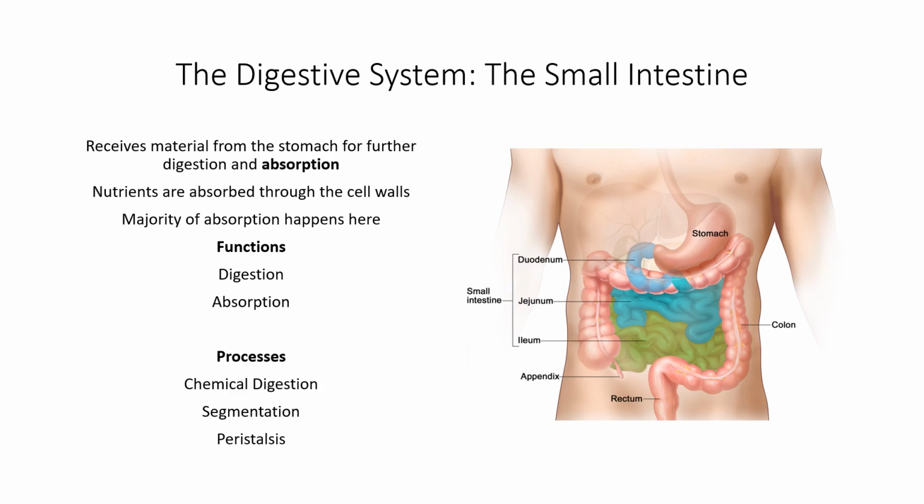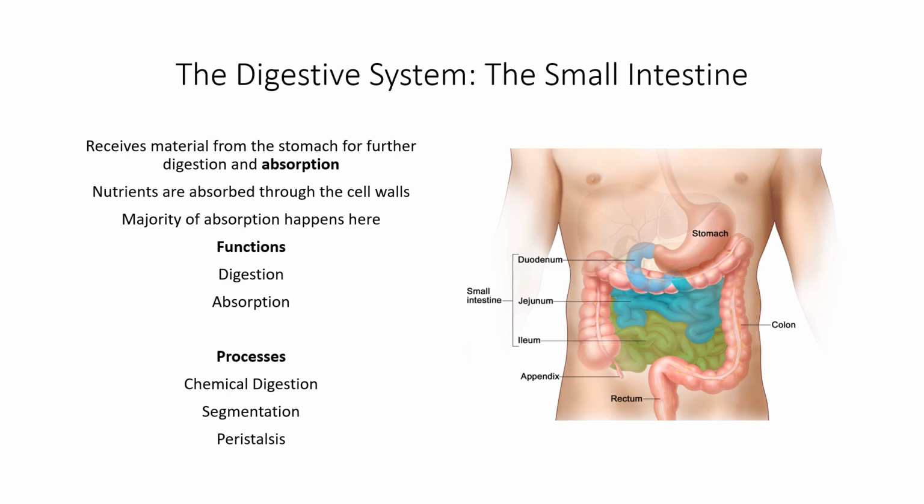Digestive juices from both the pancreas and the liver enter the duodenum, which is the first part of the small intestine, and they further digest food, and these nutrients are absorbed through the wall of the small intestines, and nutrients are then taken into the blood and transferred to the relevant parts of the body, whether that's for storage or immediate usage.